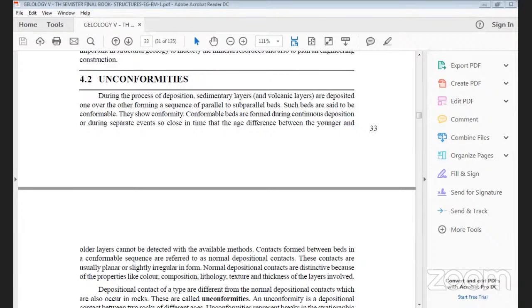Such beds we can say are all conformable. They show conformity. Conformable beds are formed during continuous deposition, or during separate events so close in time that the age difference between the younger and the older layers is small.